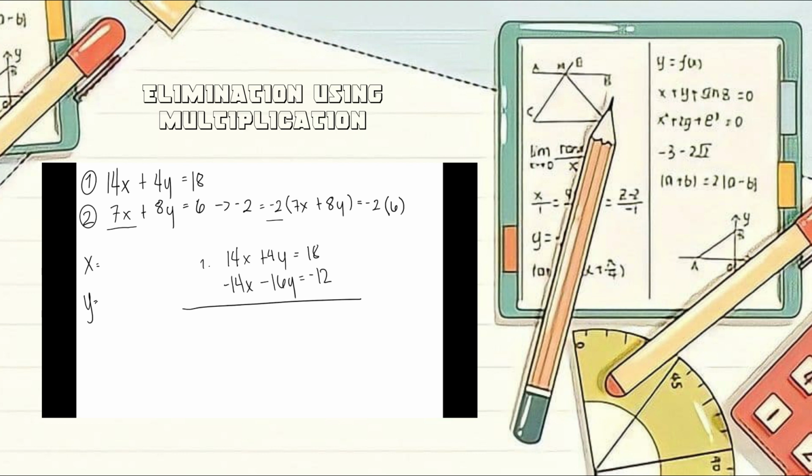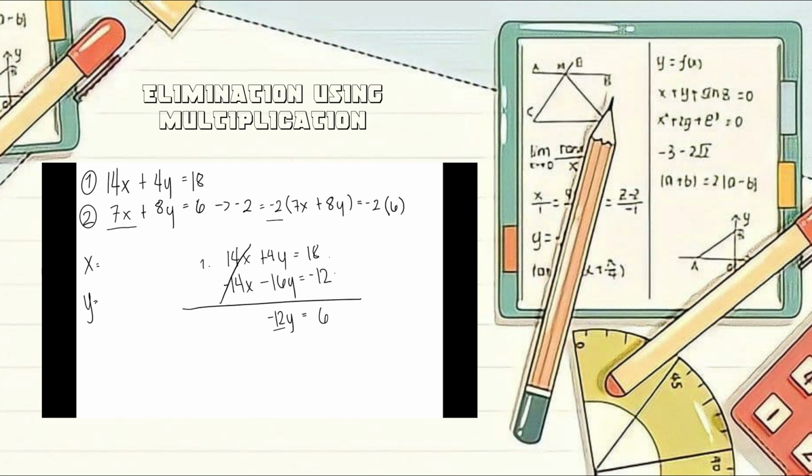We'll first add this one and this one. So this will be equal to 6, and then the y's, which will be negative 12y, and then this one will be cancelled out because it's the same coefficient but different signs. Since there is still a number here, we'll need to remove that.